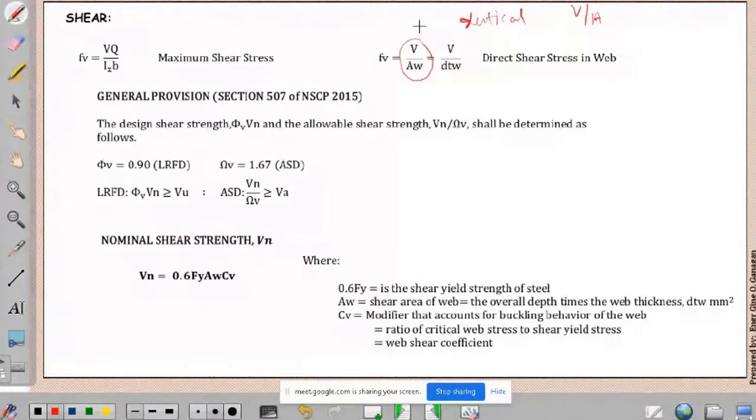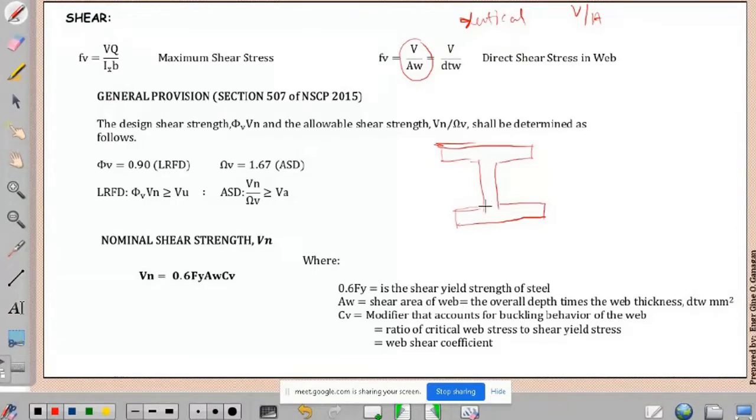So pagka wide flange yung section or I-shape yung section natin, we have here wide flange or I-beam.